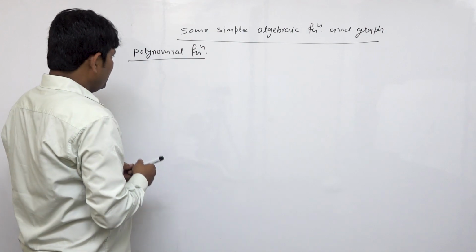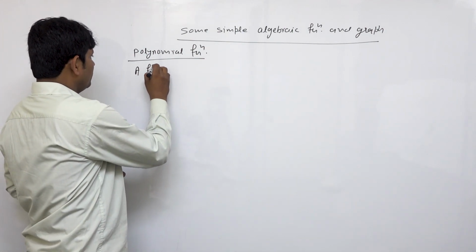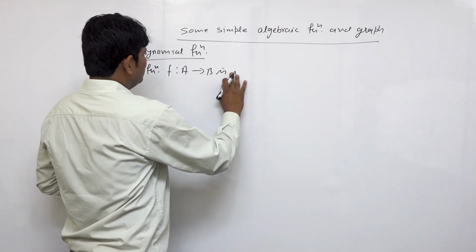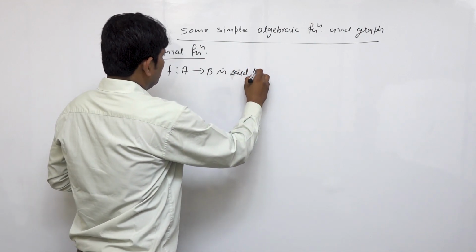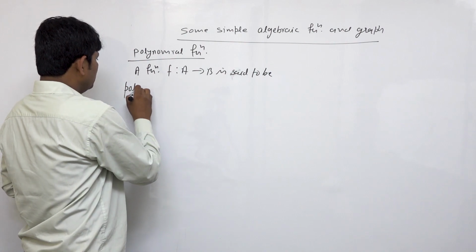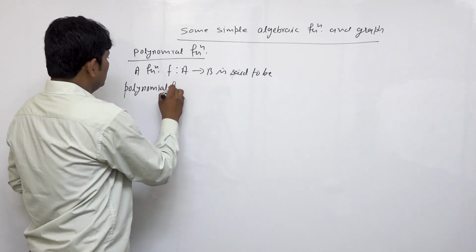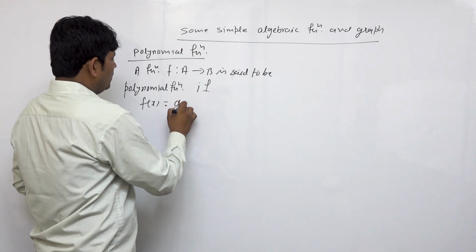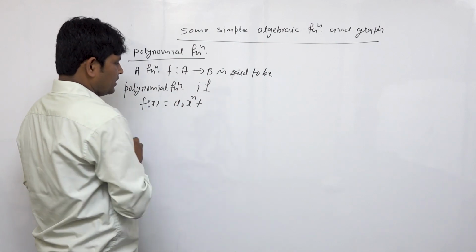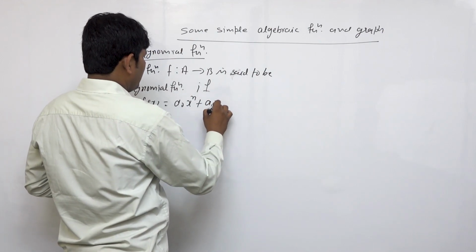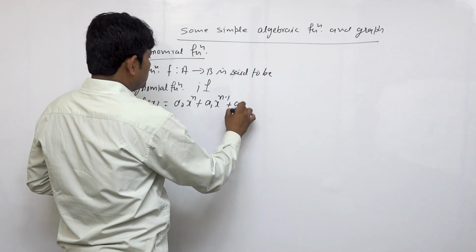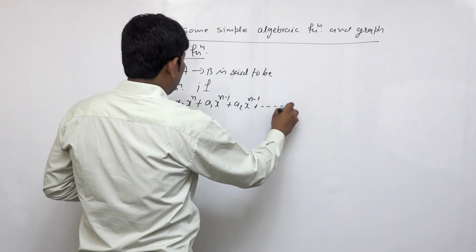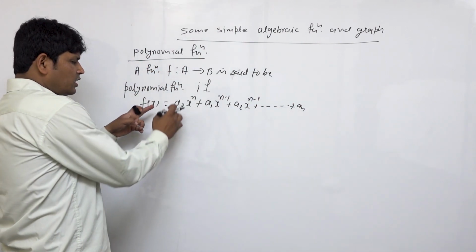So for polynomial in general, we can say a function f defined from a to b is said to be a polynomial function if f(x) is in the form of a naught x^n plus a1 x^(n minus 1) plus a2 x^(n minus 2) and so on, plus an. So this is called a polynomial function.